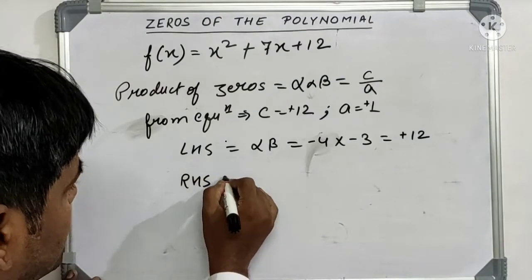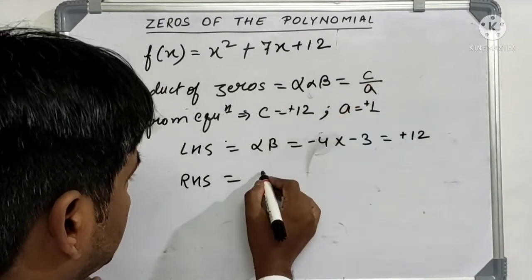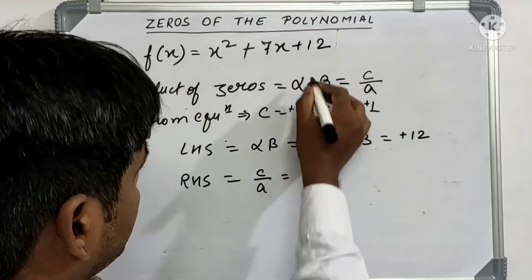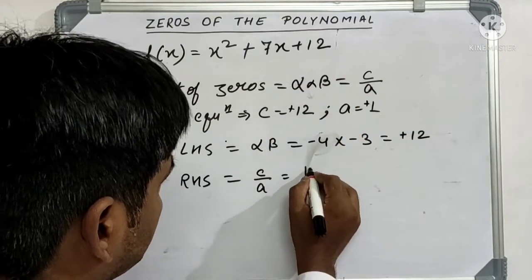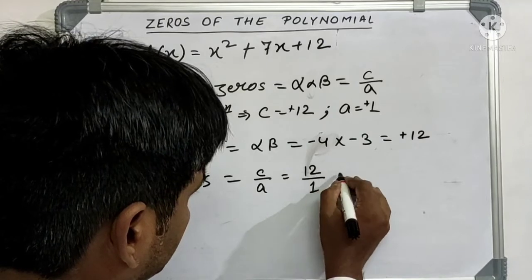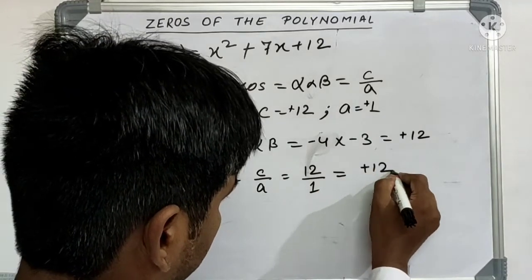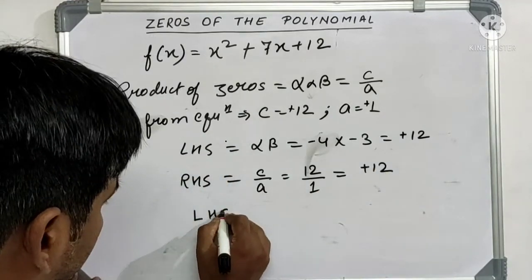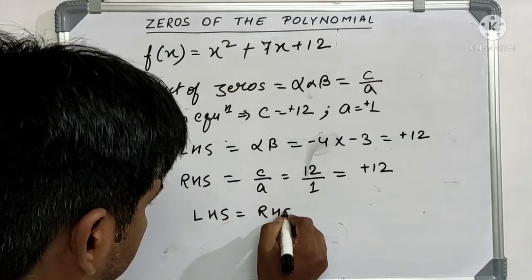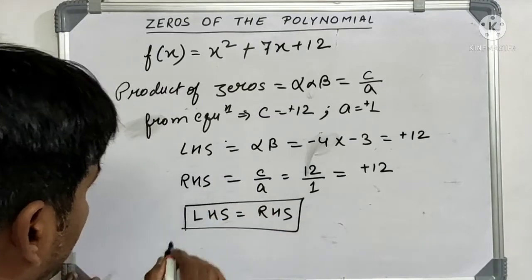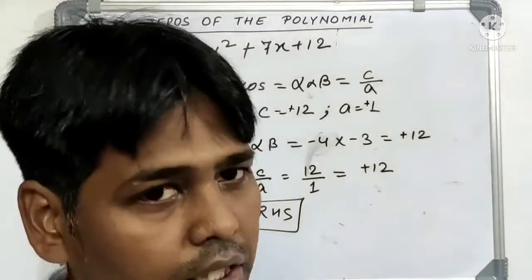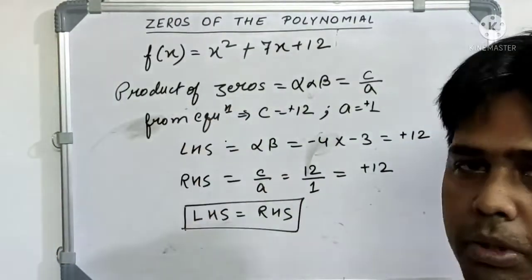RHS will be equal to c upon a. The value of c from the equation is 12, and a is 1, so this could be even written as plus 12. Hence we can say that LHS is equal to RHS. So this is the representation of and verification for the product and the sum of the zeros.